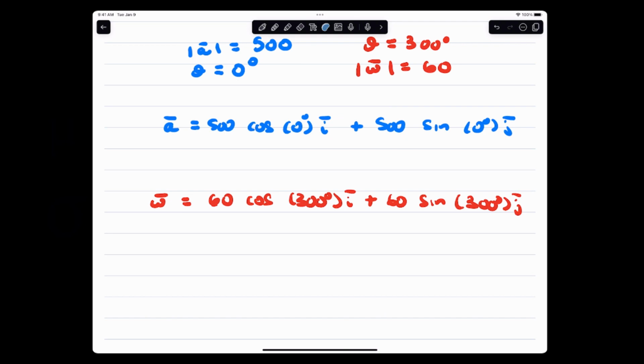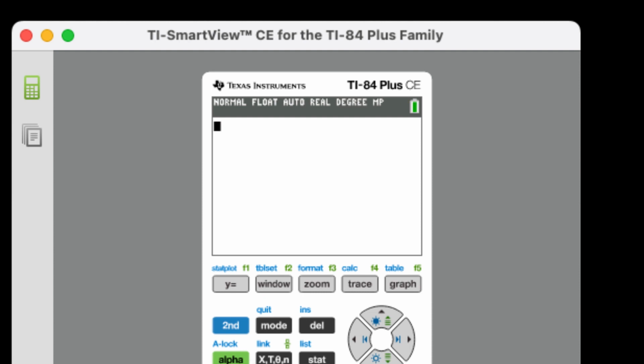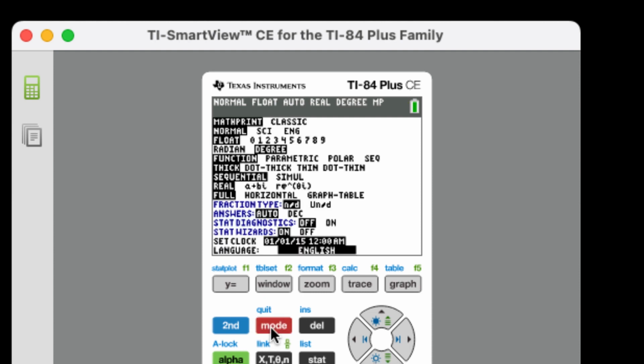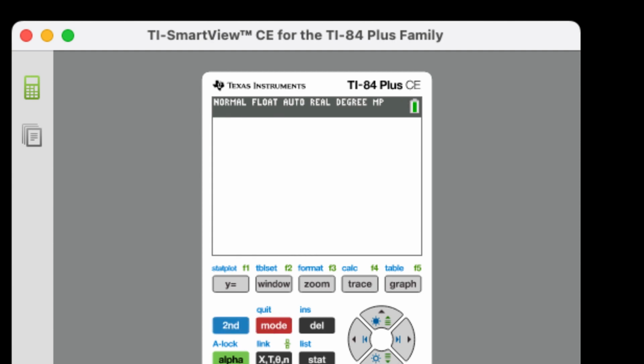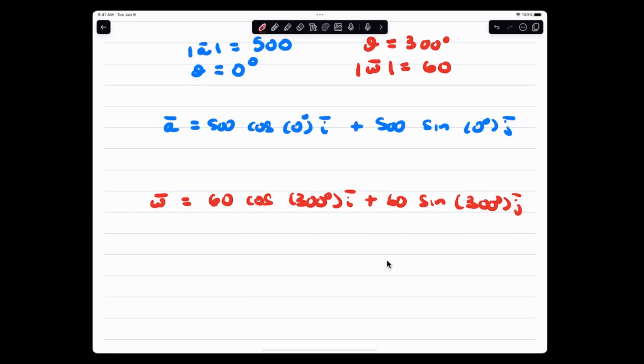Is that right? Good. Okay, and speaking of knowing what we're doing, let's go to the mode and make sure we're on degrees. Are we on degrees? Looks like we are. Okay. All right, let's get to work. 500 cosine 0. And then you got 500 what? Sine 0. So, ladies and gentlemen, that first vector, A, you find to be what?